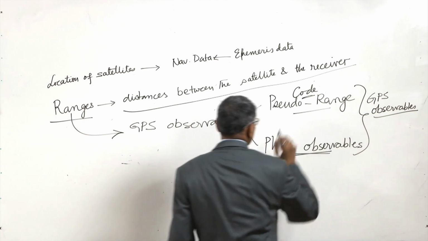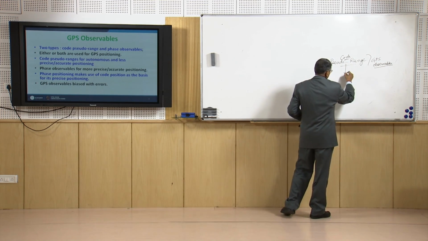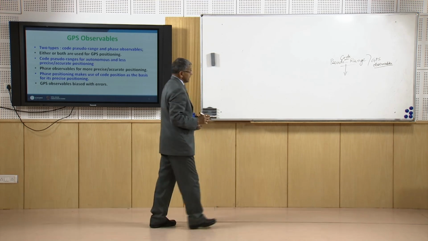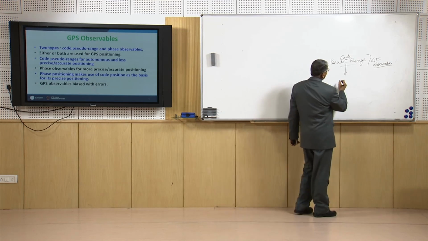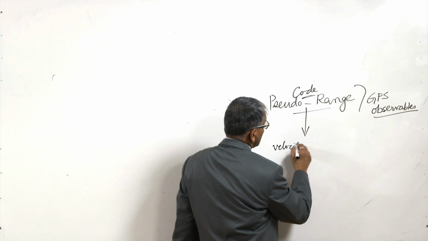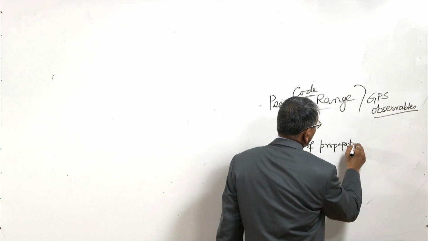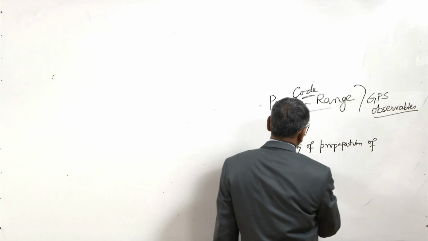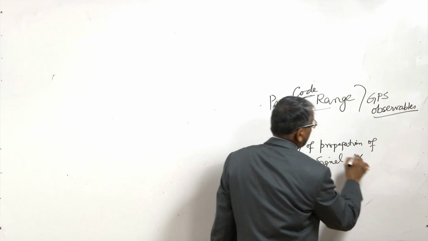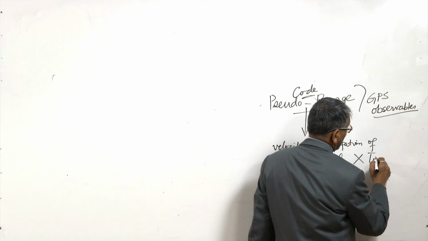Now I would like to discuss the code pseudo range. As I told you, the pseudo range or range is determined from the relation: velocity of propagation of the GPS signal multiplied by time of propagation.